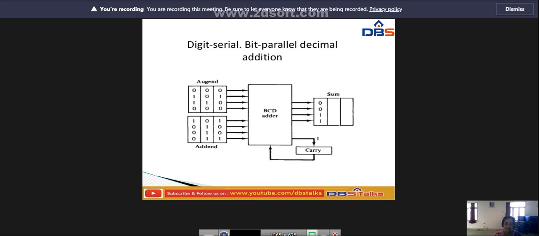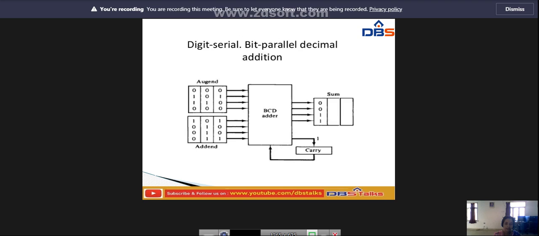This is the digit serial bit parallel decimal addition. So this is the BCD adder, and it has the sum value here. This is the carry. This is the augend A, and this is the addend. Whenever I am performing these operations, the result will be stored here. After performing the sum, it will become 0011.